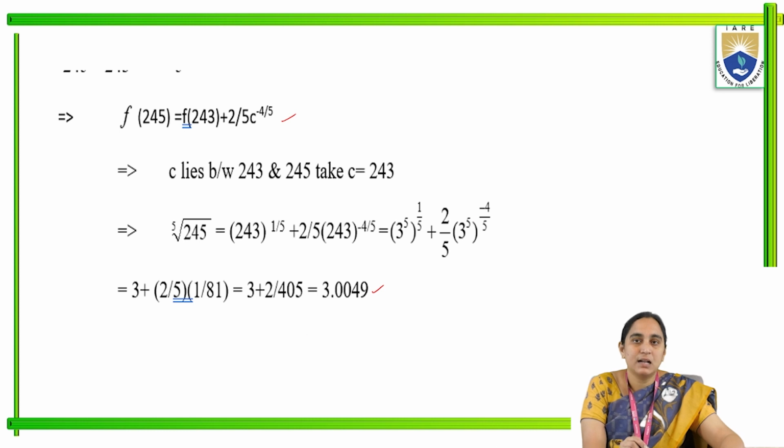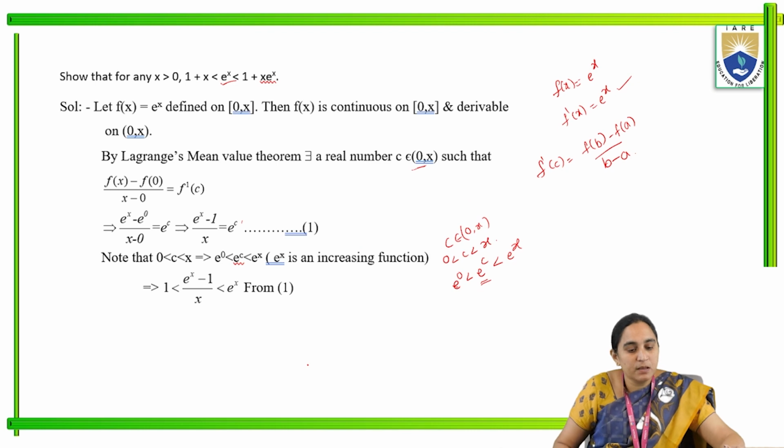From that we get directly 3.0049. To verify the answer, using the scientific calculator, the fifth root of 245 is also 3.0049. From Lagrange's mean value theorem we also get that same value, so that is the correct answer. This is the concept of using Lagrange's mean value theorem for the given questions.